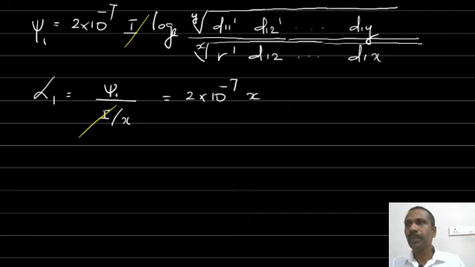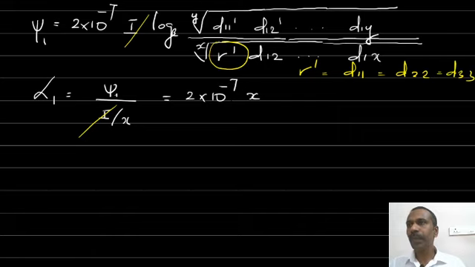X into this R dash. R dash can be written as d11. It is a self distance. So it can be written as d11. It's also equal to d22, it's equal to d33, etc.